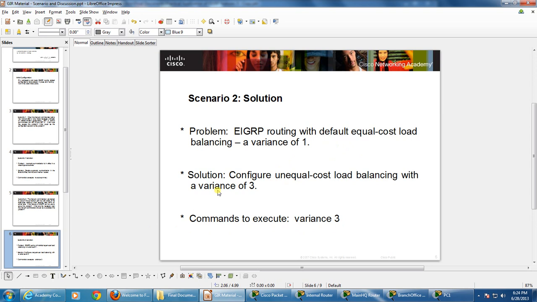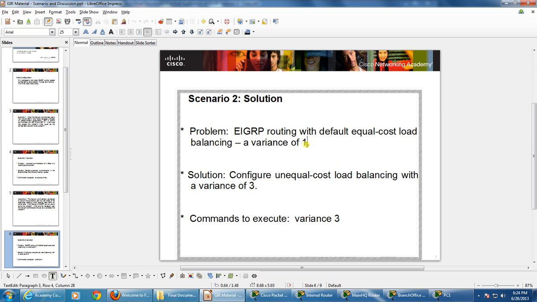Remember that the problem here is that by default the EIGRP router is using equal cost load balancing. The reason for this is that we have by default a variance of 1, and with a variance of 1, this will only allow equal cost load balancing.